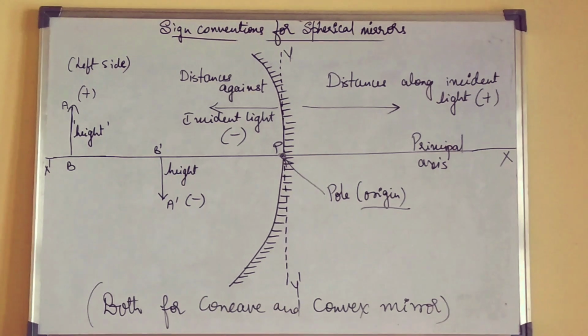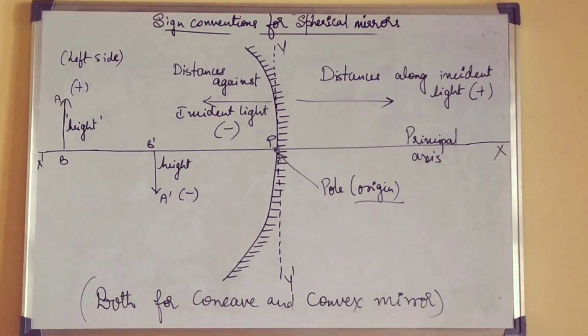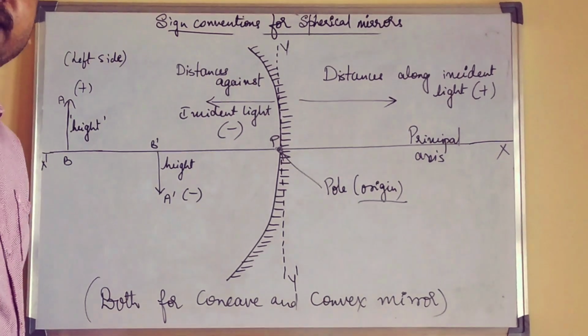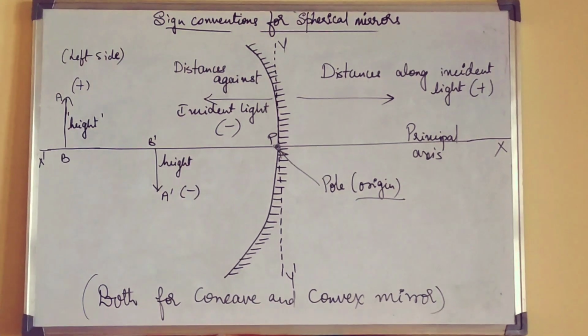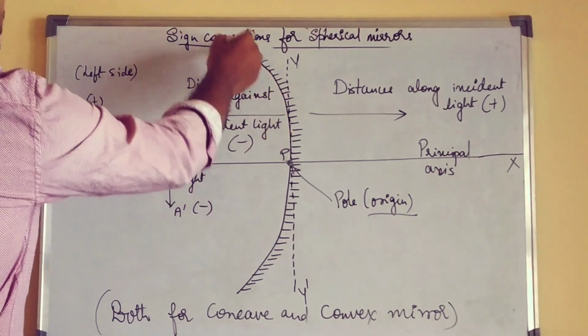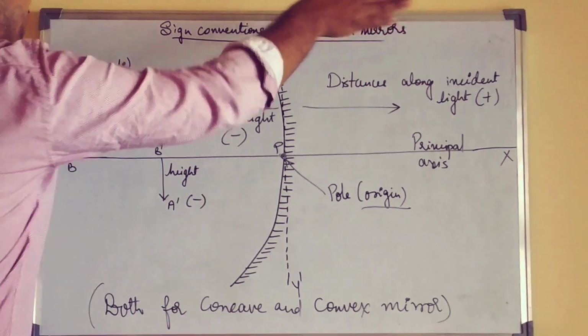Next point. Distances measured along the incident light are positive. Distances measured along the incident light means along the incident ray. You can see it. From here the incident ray will come for this concave mirror, right? So this incident ray is moving in this direction.